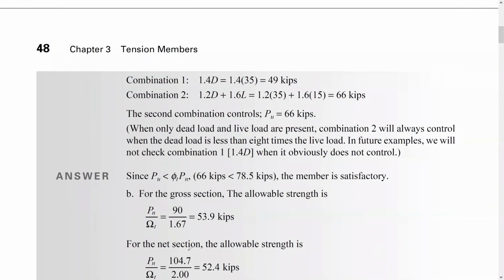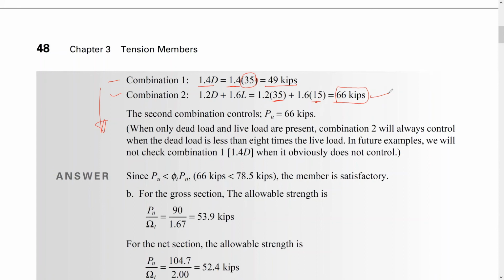Okay, so here, if we are using the first combination, it's 1.4 times 35, the dead load, which is given to us, 49. Combination number two, 1.2 times 35 as a dead load plus 1.6 times the live load 15. So this is going to be 66 kips, and you have to try all the load combinations, تعرفهم كلهم. But in this case, we know that this is going to be the control.